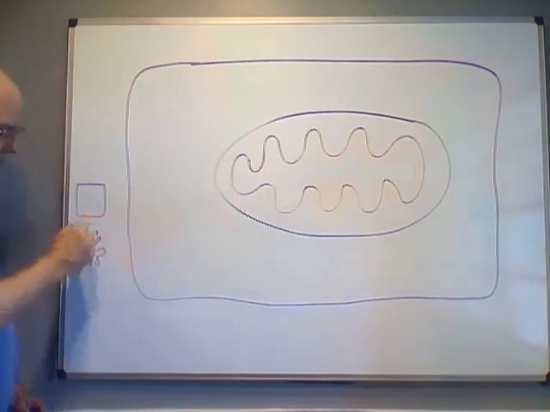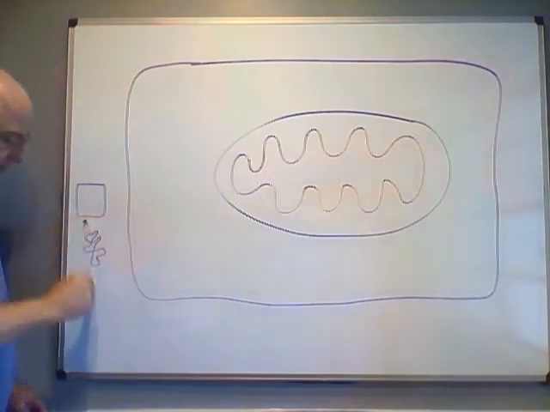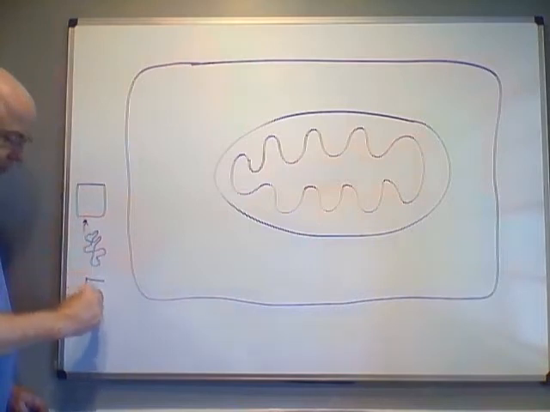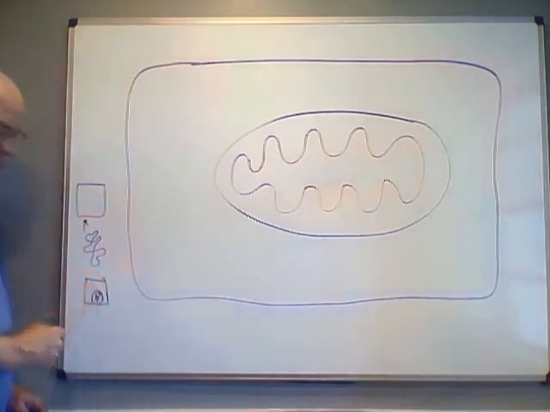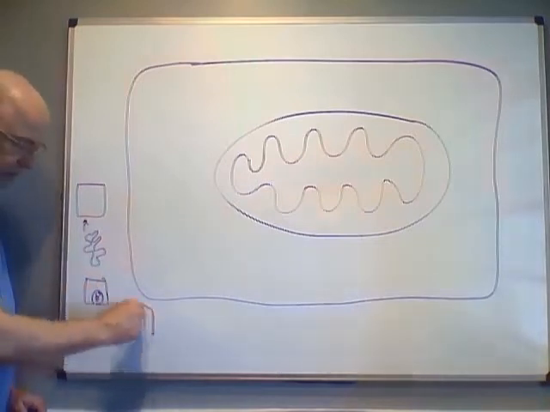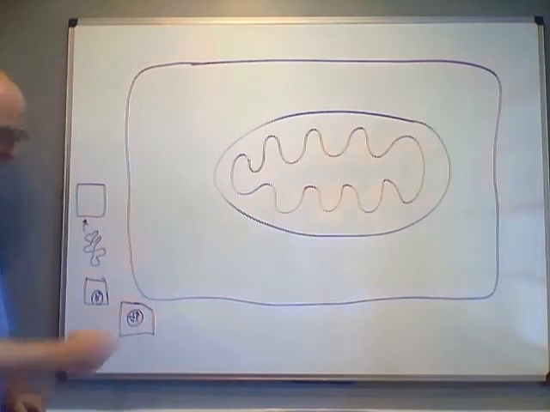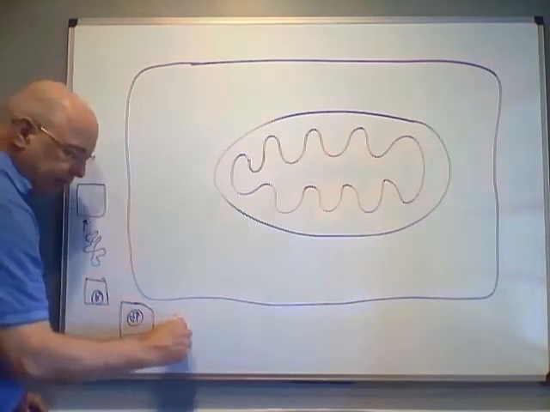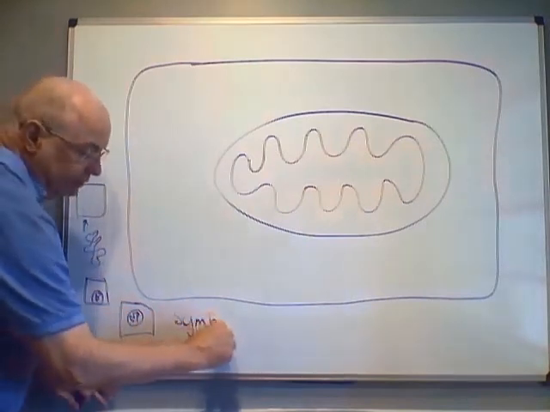It turns out that at some point, our eukaryotic cells engulfed this organism into a vesicle, but the lysosomes didn't digest it. There's a symbiotic relationship here. Little biology.